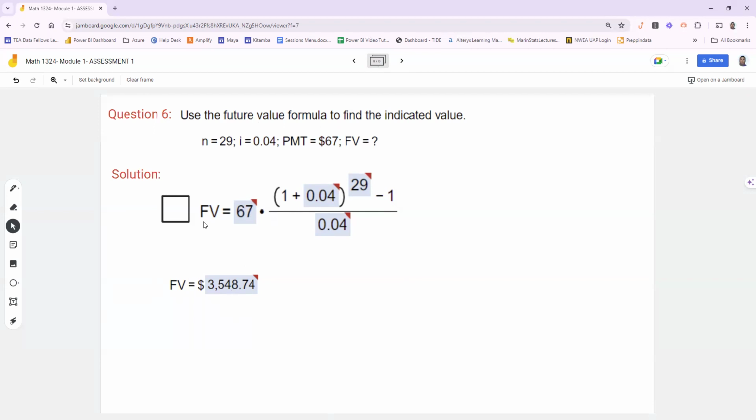The future value formula is your PMT value, which is your periodic payments. The periodic payments are here, $67, in parentheses: 1 plus your I value to the power of your n value, minus 1, divided by your I value. When you put this expression in the calculator, it's going to give you the answer.